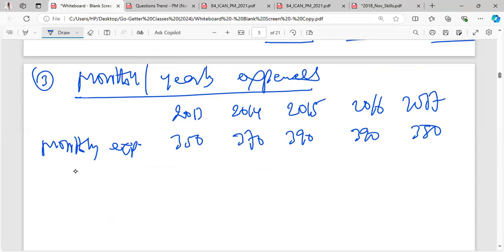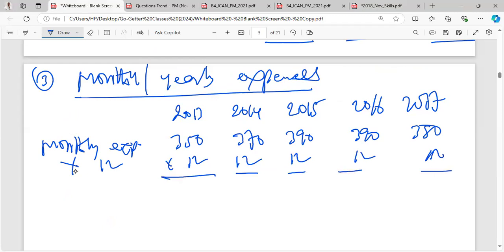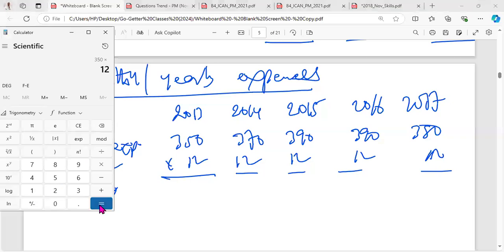So I will say multiplied by 12. If I multiply this by 12, I'll be getting yearly expenses. So let's just multiply by 12. 350 times 12, that's 4,200.